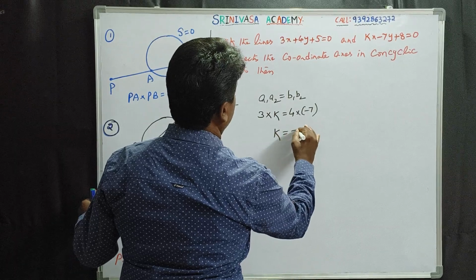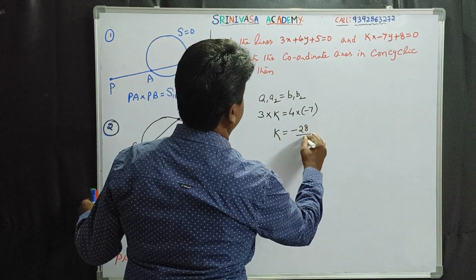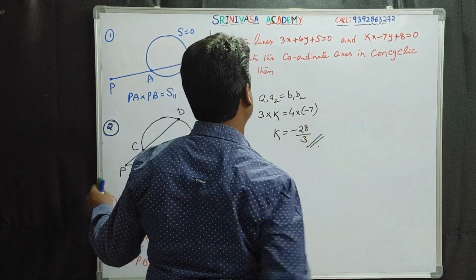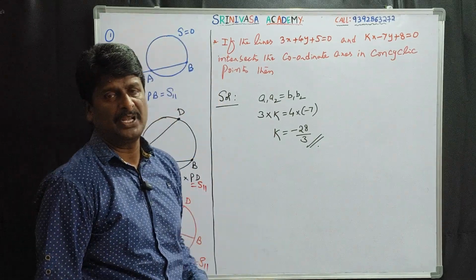So the k value is minus 28 by 3. This is the answer. Simple answer.